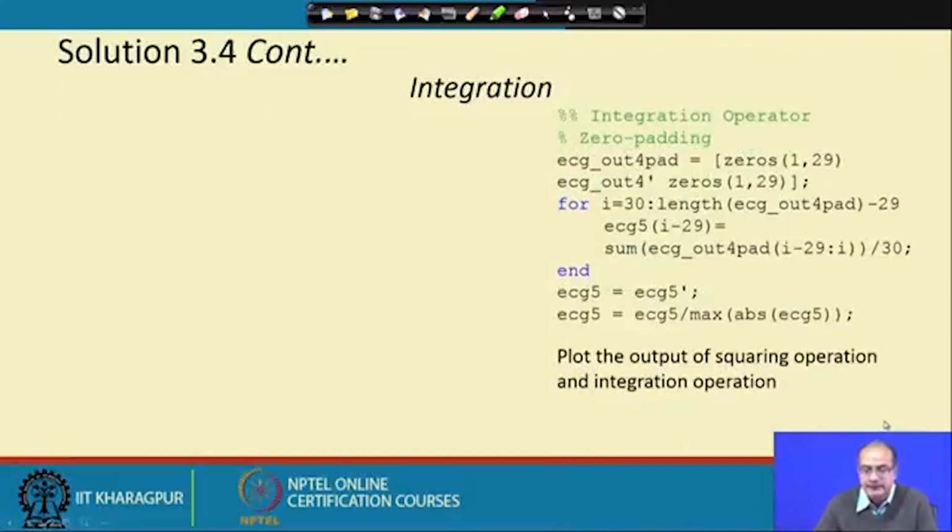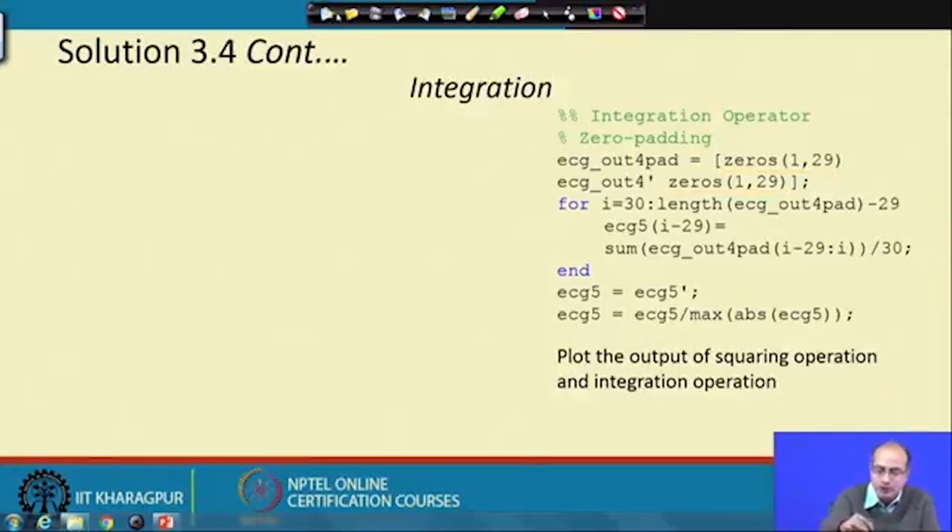that is the integration. Here we apply a 30 point MA filter, and to apply that we need to pad 29 zeros at the beginning and at the end of the signal, and then we have the 30 point MA filter here, and again it is normalized to keep the signal within 0 to 1.